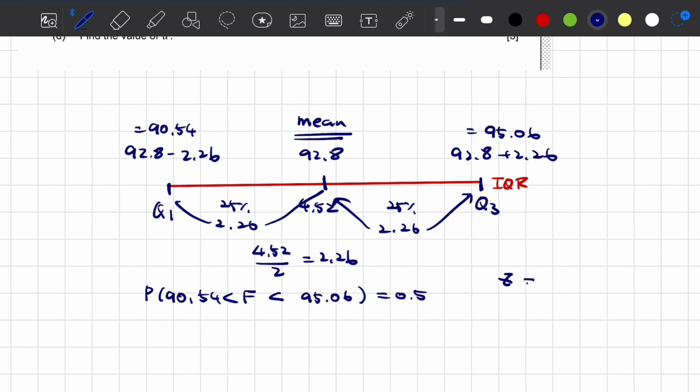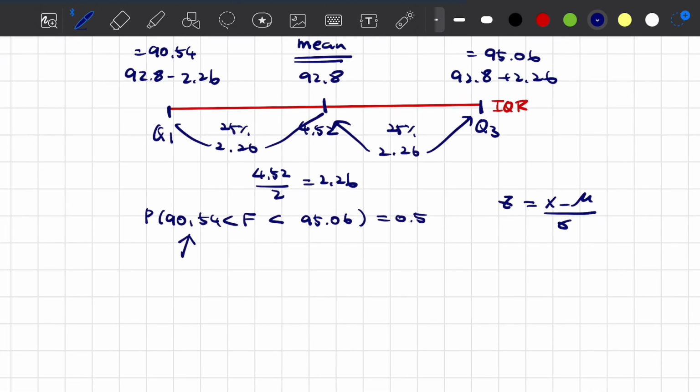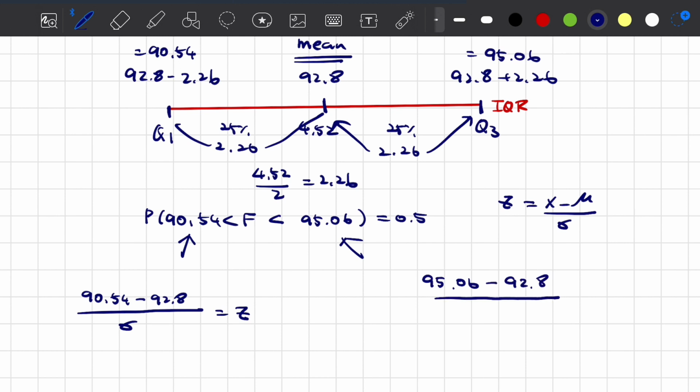So we know that Z is equal to x minus mean over standard deviation, right? So for the first part, the x, which is 90.54, minus mean 92.8 divided by the standard deviation is equal to that, right? And for the second part, 95.06 minus mean 92.8 divided by the standard deviation is equal to that, right?